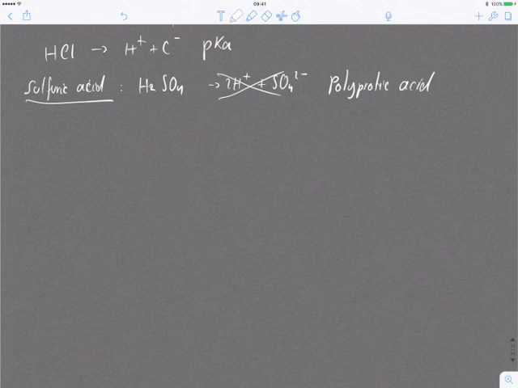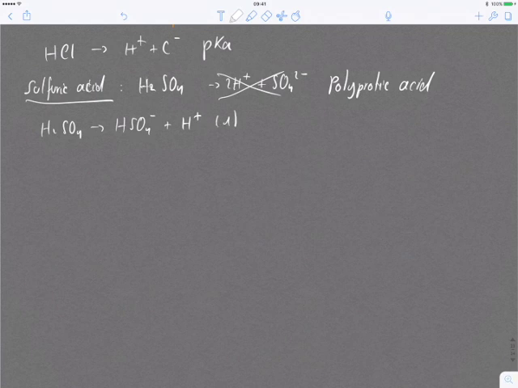And if I'm taking this example here, the sulfuric acid will give you HSO4- plus 1 proton. This is going to be the first equation with one specific Ka value, with one specific pKa1 value.